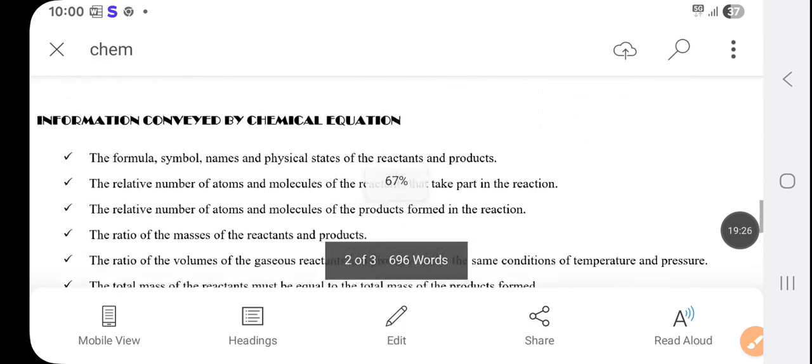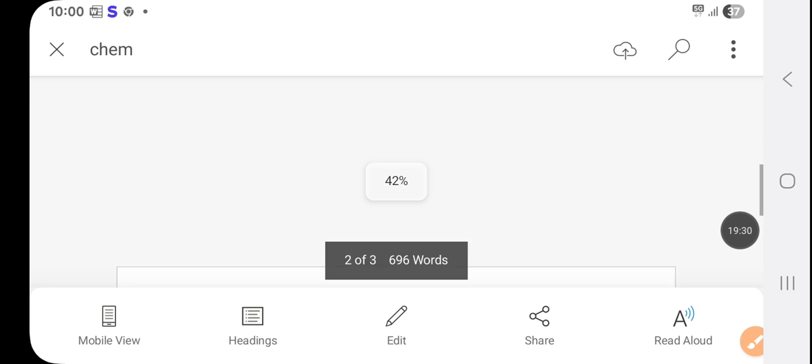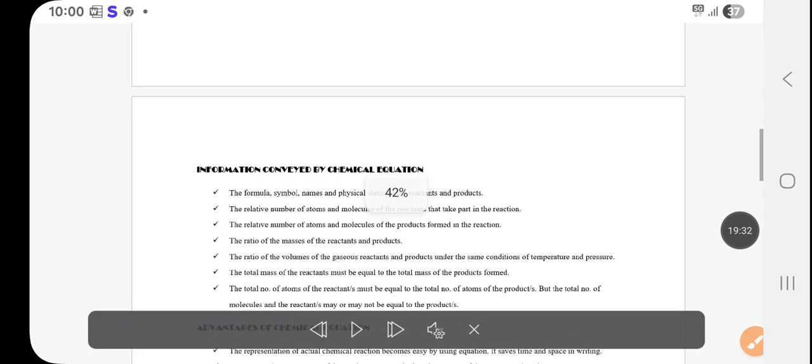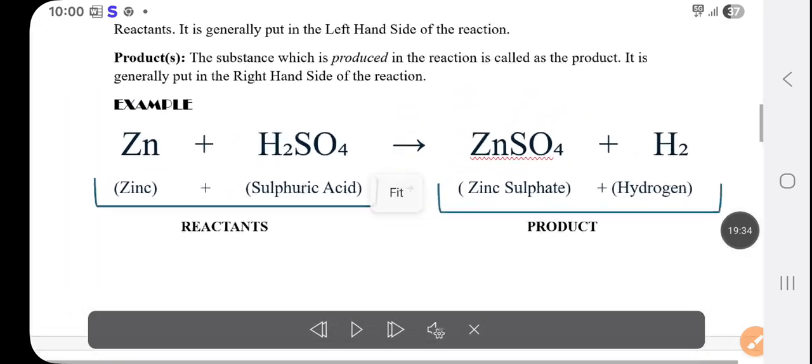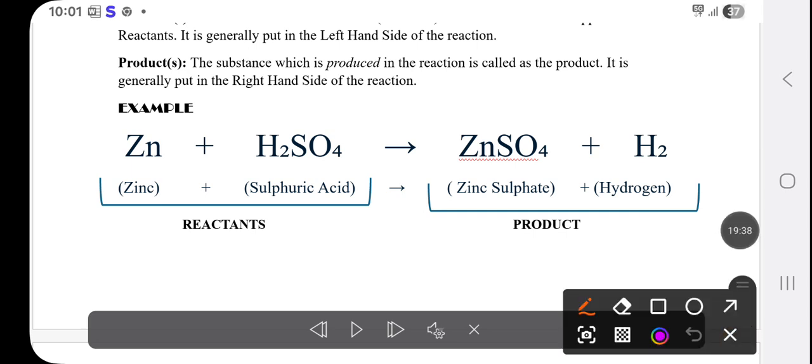For example, in some types of reactions, like in the reaction given above, Zn plus H2SO4 gives out ZnSO4 plus H2. It is a certain type of reaction that we will understand in the next session.